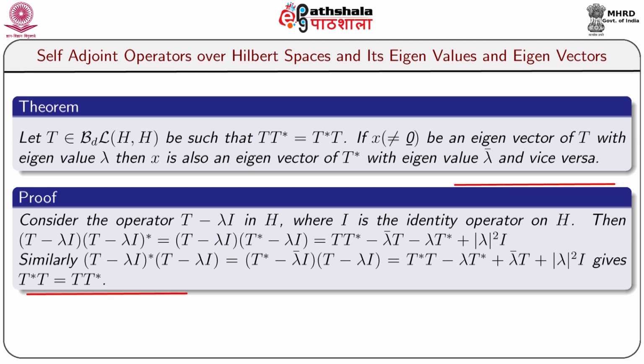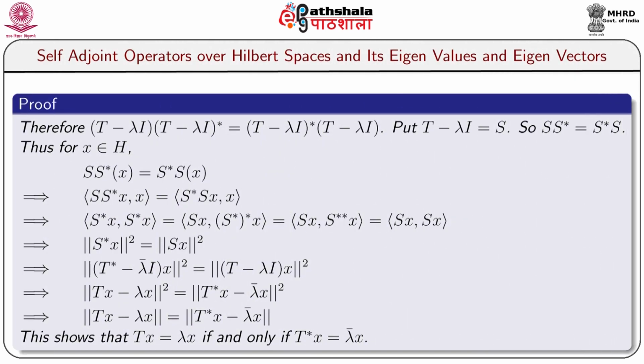Consider the operator T minus lambda I in H, where I is the identity operator on H. Then (T minus lambda I)(T minus lambda I) star equals (T minus lambda I)(T star minus lambda bar I), which equals T T star minus lambda bar T minus lambda T star plus mod lambda squared times I. Similarly, (T minus lambda I) star (T minus lambda I) equals (T star minus lambda bar I)(T minus lambda I), which equals T star T minus lambda T star minus lambda bar T plus mod lambda squared times I. Since T star T equals T T star, therefore (T minus lambda I)(T minus lambda I) star equals (T minus lambda I) star (T minus lambda I).